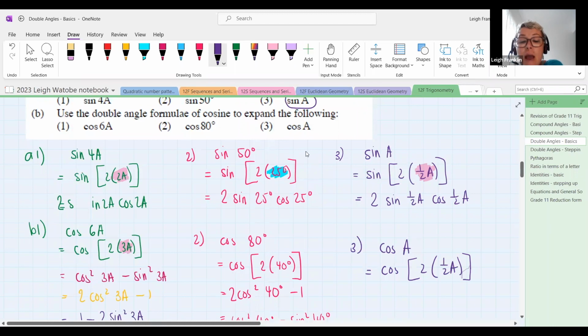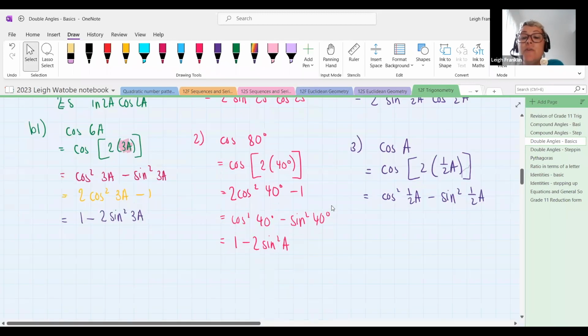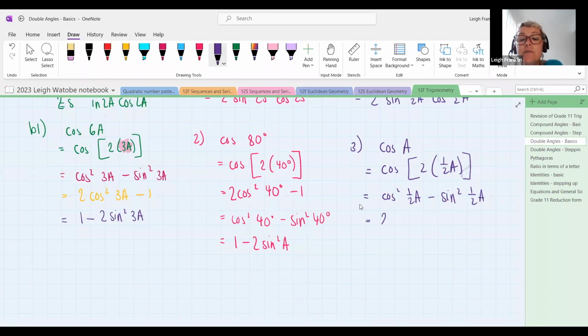That would give us cos squared half A minus sine squared half A. Or if I wanted to use the other two, I could write it as 2 cos squared half A minus 1. Or lastly, I could write it as 1 minus 2 sine squared half A, like so. Okay, is that all right with everybody?